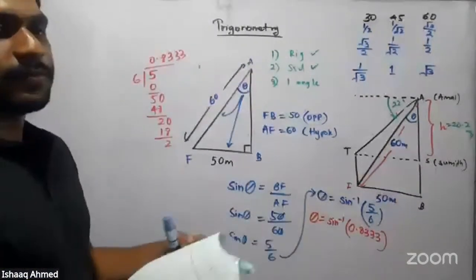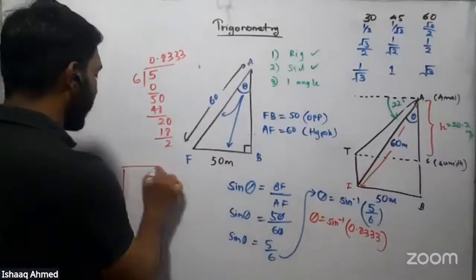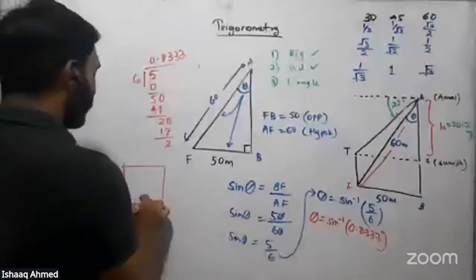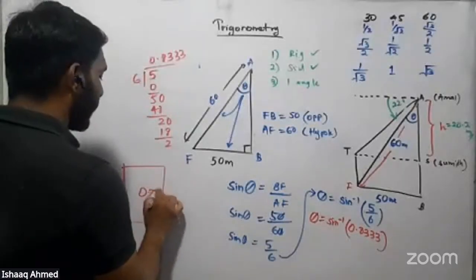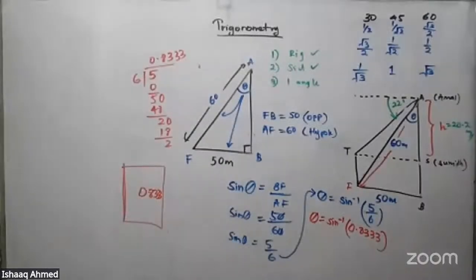Now what do you have to do? You have to take the trig table. Just like finding anti-log, you have to find where 0.8333 is in the sine table.